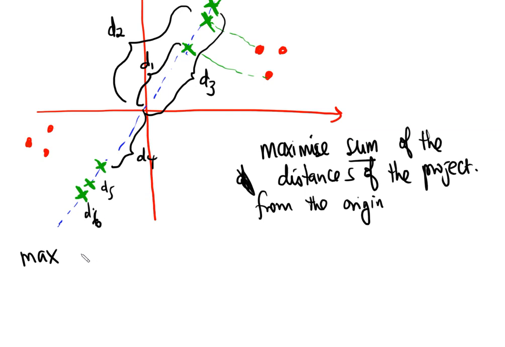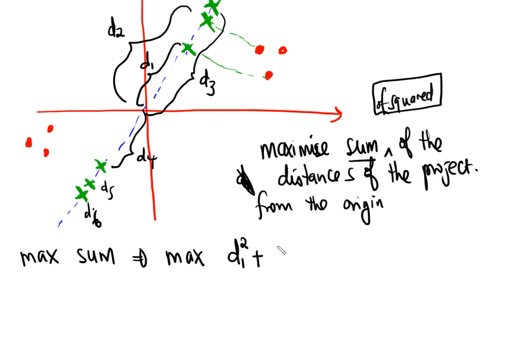What we are basically maximizing is the sum of squared distances. Squared is very important. D1 squared plus D2 squared plus D3 squared plus D4 squared plus D5 squared plus D6 squared.